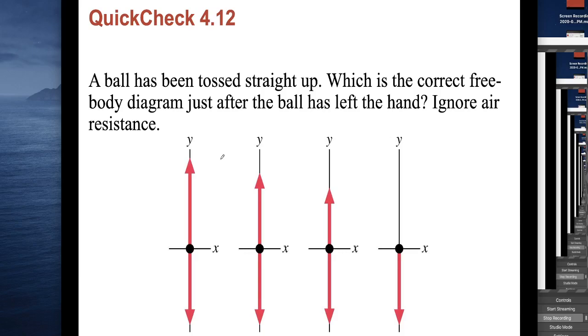We have a name for this special motion. It's called free fall motion. So in free fall motion, there's only one force, which is the weight. So the correct answer is D. There's no other forces exerted on the ball once it's left the hand.